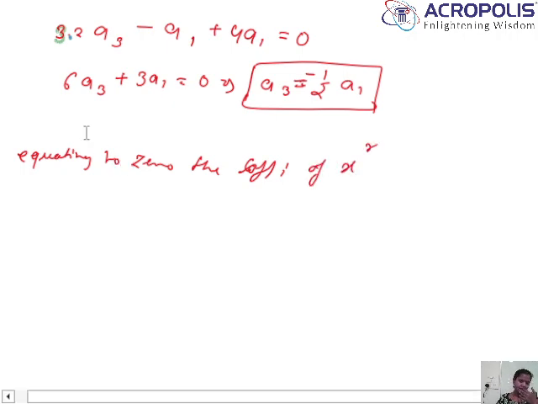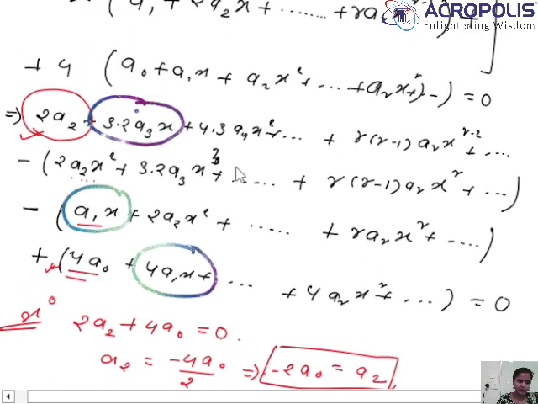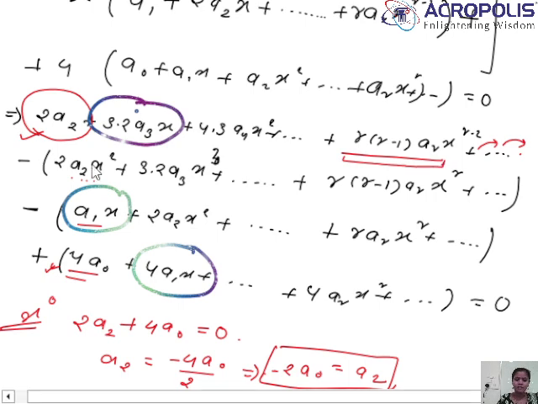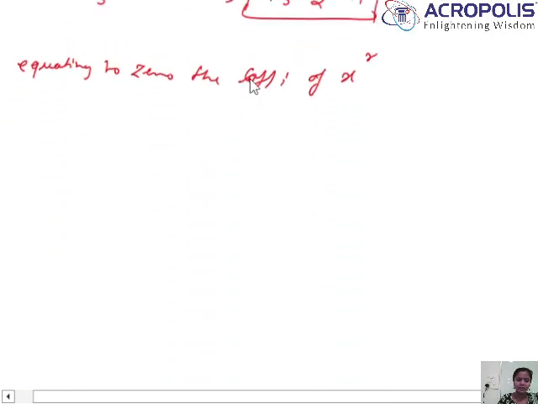As you know, this is an infinite series: x to the power r minus 2, the next term will contain x to the power r minus 1, and then the next term contains x to the power r. Then how can we write the term which is containing x to the power r?